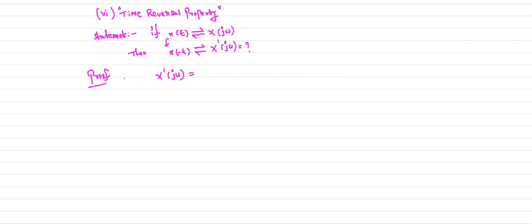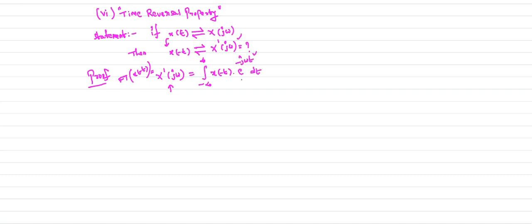X dash of j omega is nothing but the Fourier transform of your signal x of minus t. So what is the formula to find x dash of j omega? Integral minus infinity to plus infinity, where the signal is x of minus t, e power minus j omega t dt.